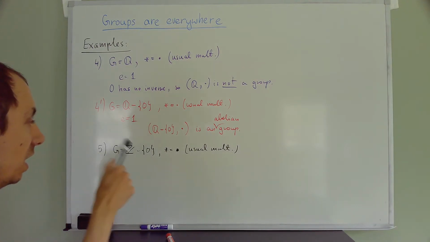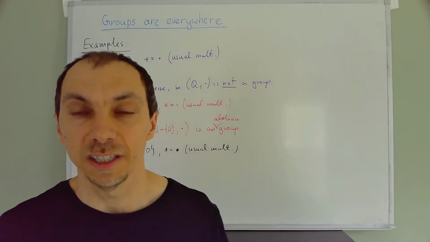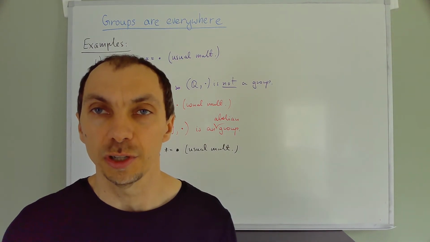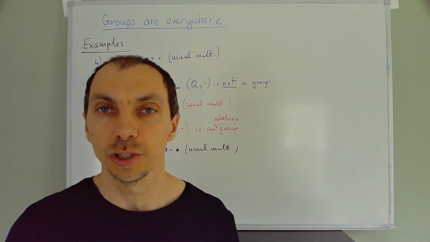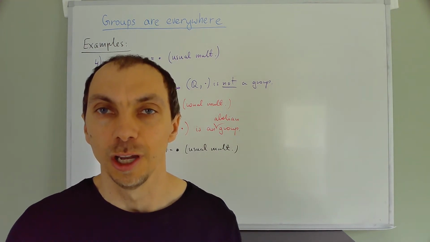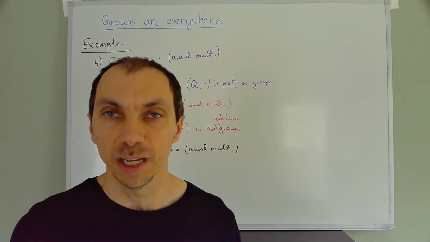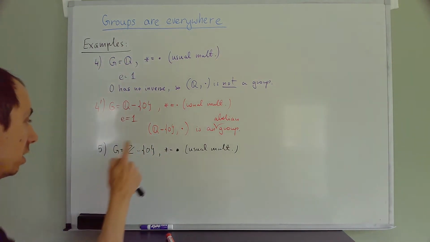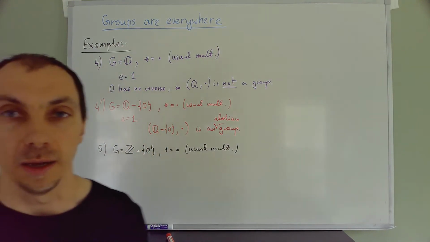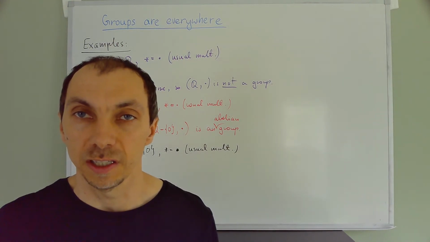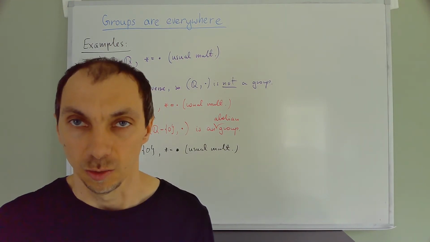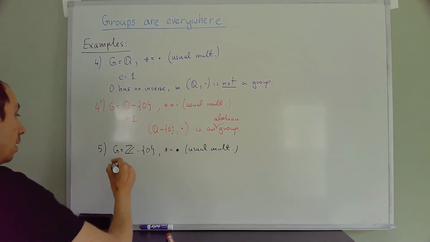Is that still the case that this defines a binary operation? If I take two non-zero integers and multiply them, do I get a non-zero integer? Sure, integers are a domain, so the same thing holds. So it is a binary operation. It's associative. Is there an identity? 1 is the identity.